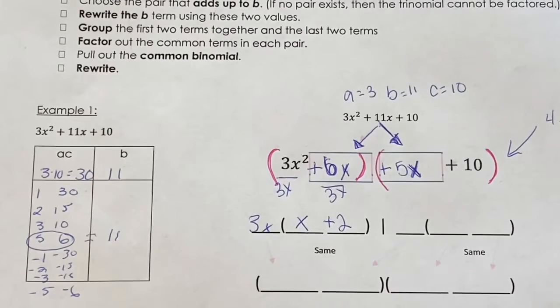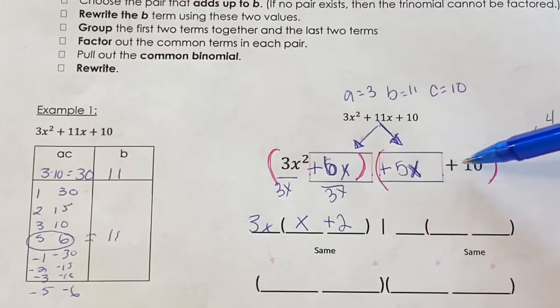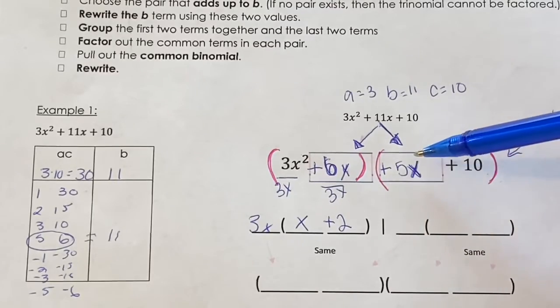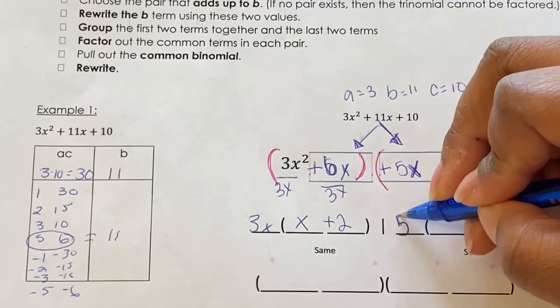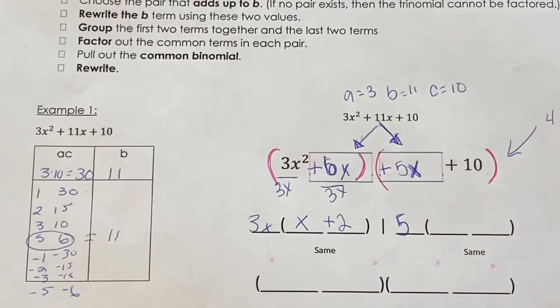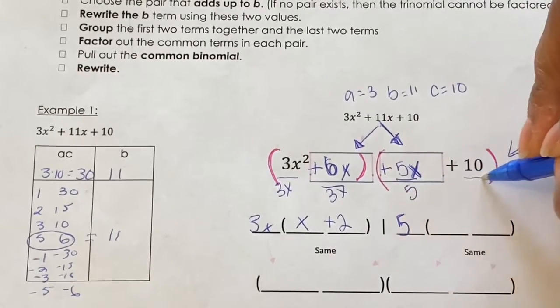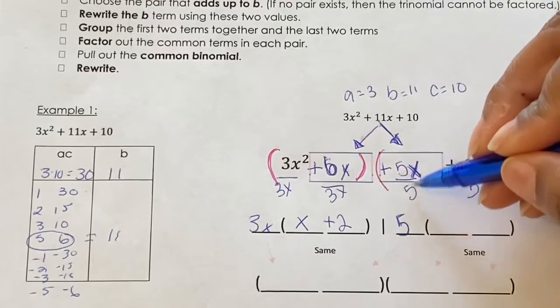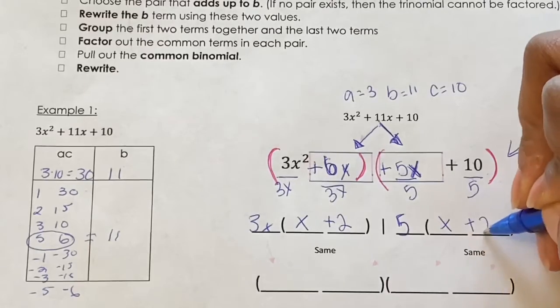I'm going to do the same with that second set of parentheses. Find the greatest common factor of 5x plus 10. Well, the greatest common factor of 5 and 10 is 5. And they do not have any x's in common. So that GCF is just 5. So when I divide both of these by 5, I get 5x divided by 5 is x, and 10 divided by 5 is positive 2.